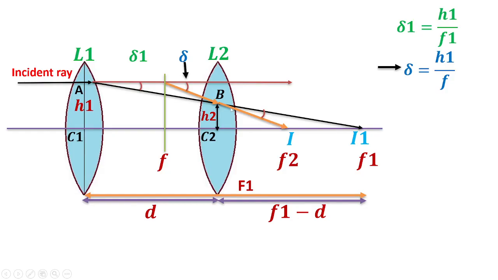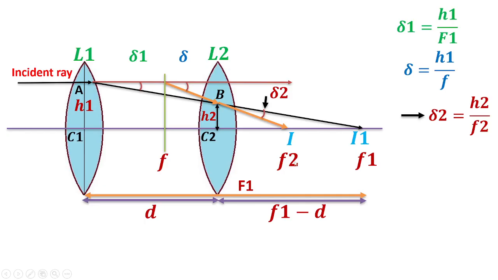If we extend further in this manner, there is one angle, that is the angle delta, and that angle delta is equal to h1 divided by f. Now another deviation takes place due to the second lens L2, which is this delta 2, and that delta 2 is equal to h2 divided by f2.